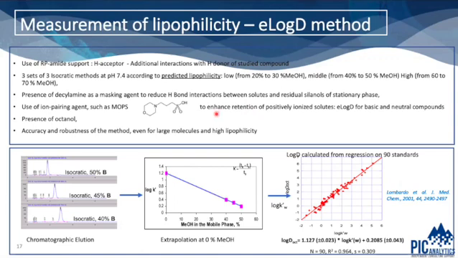So the idea was to use ion pairing and to be able to study the basic compound at pH 7.4, where they are mostly positively ionized. We would use a counter ion, the morpholinopropane sulfonic acid, the MOPS, and also, because the stationary phase in 2000 was not as optimal as it is right now, you still had a lot of residual silanol that you had to mask using the decylamine.